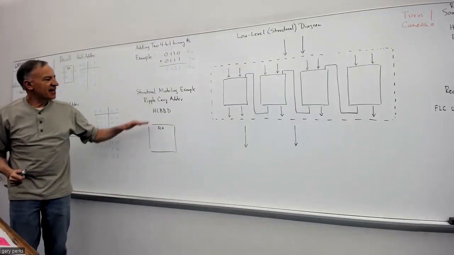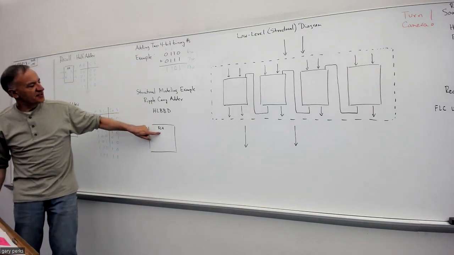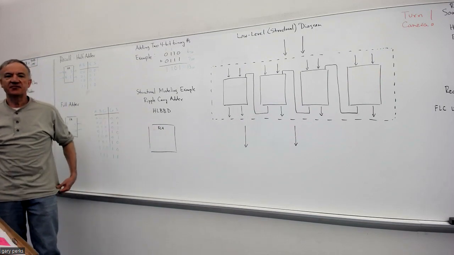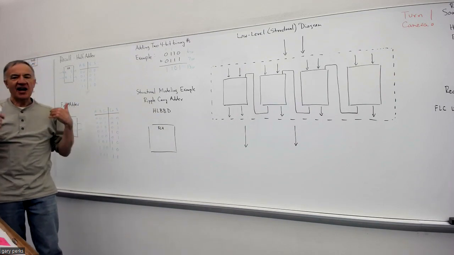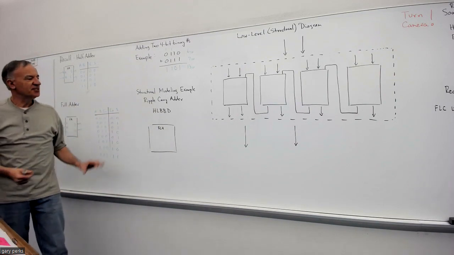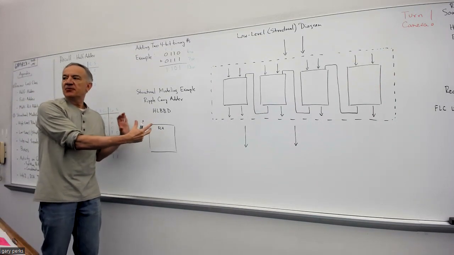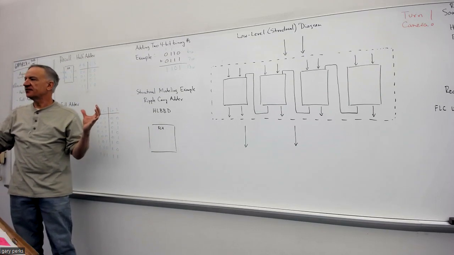So that brings us now to a black box diagram for this device called a ripple carry adder that we abbreviate RCA. The reason why I'm calling this a high level black box diagram is because this is going to show the inputs and outputs to our overall device called the ripple carry adder.